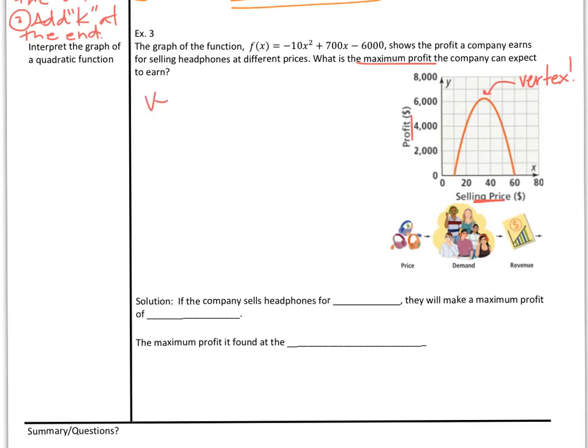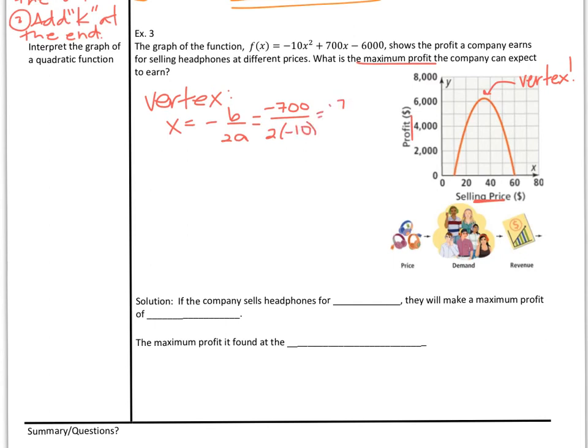To figure out the vertex, and we know we're in standard form, we would do x equals negative b over 2a. In this case, b is positive 700, so the negative out in front would make it negative 700, over 2 times a, well, a is negative 10.